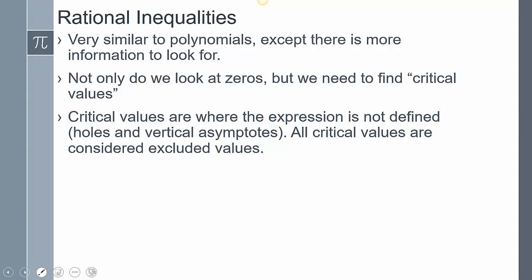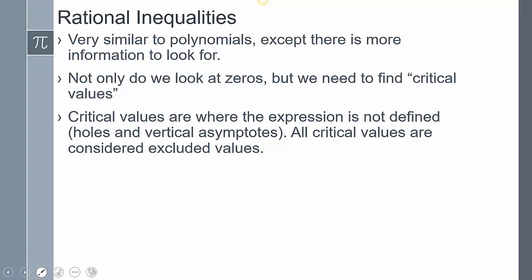Now we're going to be moving on to rational inequalities. The way that we solve these is going to be very similar. We're going to be doing the same basic steps. The only thing that's going to be new is one of our first steps. I'm going to dub finding these important values as critical values. Critical values are where the expression is not defined.